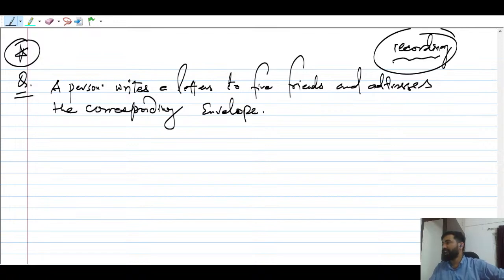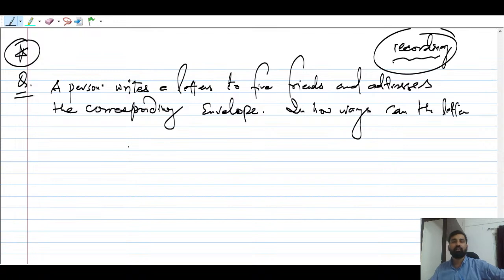In how many ways can the letters be placed in the envelopes?